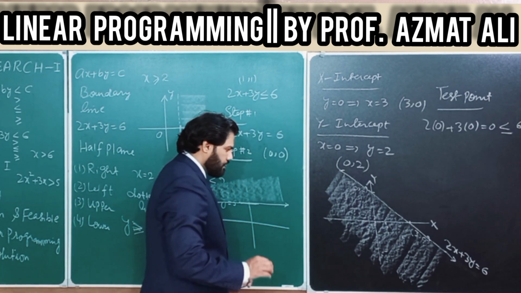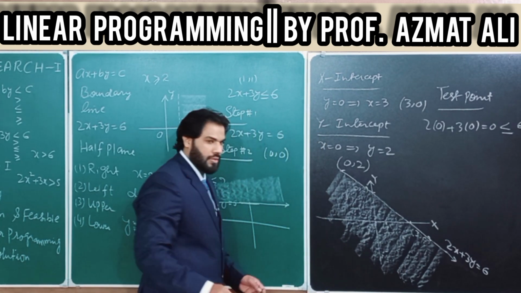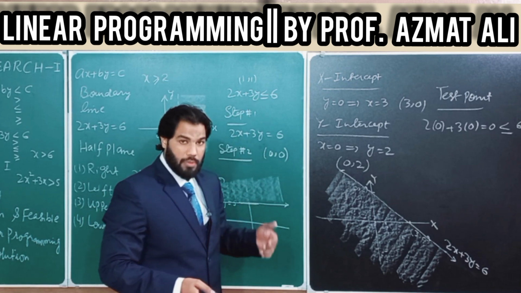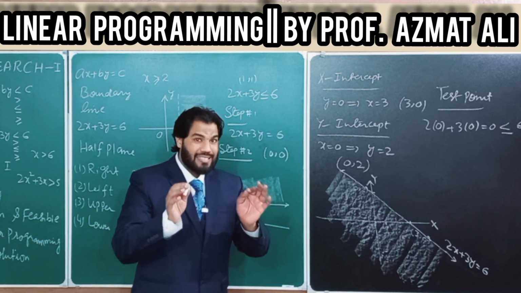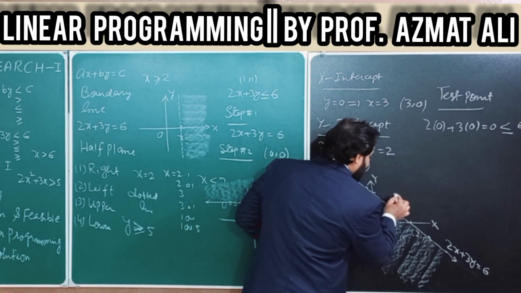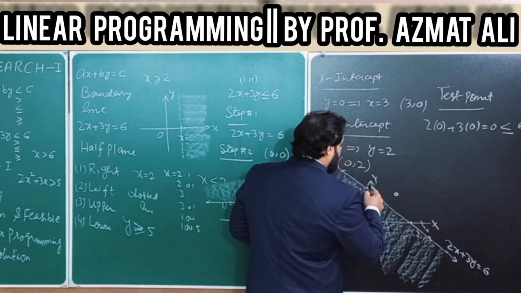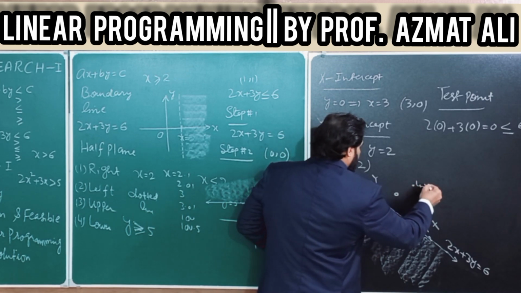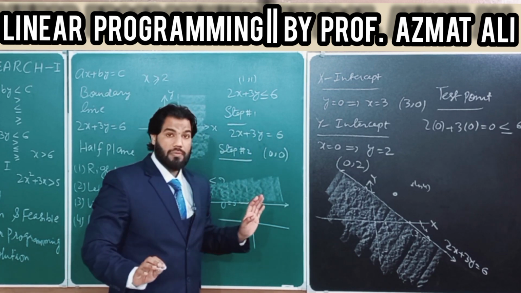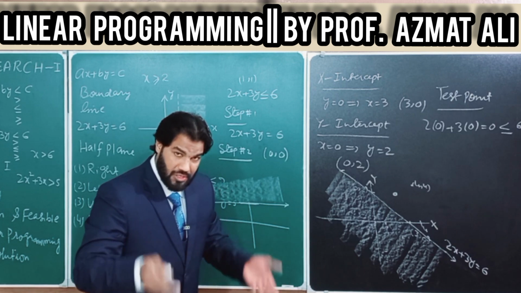For example, any point that lies in the third quadrant can be taken as a feasible solution of this inequality because that point will always satisfy the given inequality. But any point that lies here, for example, if you take x equal to 4 and y equal to 4, the point will be in the first quadrant, (4, 4). (4, 4) will never satisfy this inequality because (4, 4) does not lie in the feasible region.